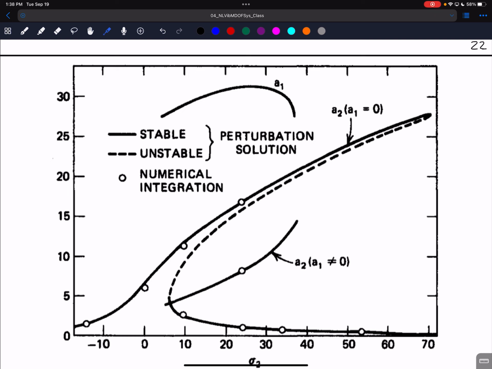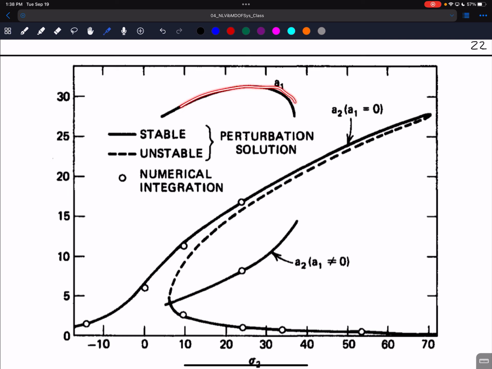Unlike the previous case though, when A1 is non-zero, it will end up being very large. And that's what these curves right here show. So this is the response of the second mode when A1 is not equal to 0, and you can see that A1 is much, much larger. And actually the curves are more complicated than you see here.